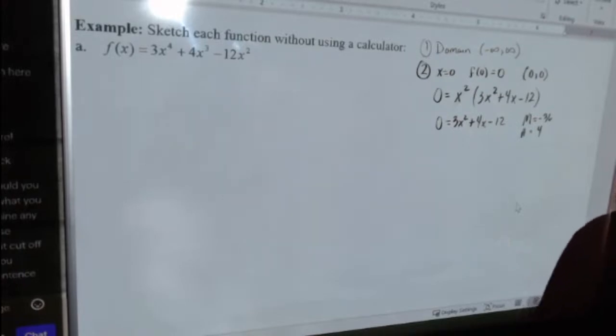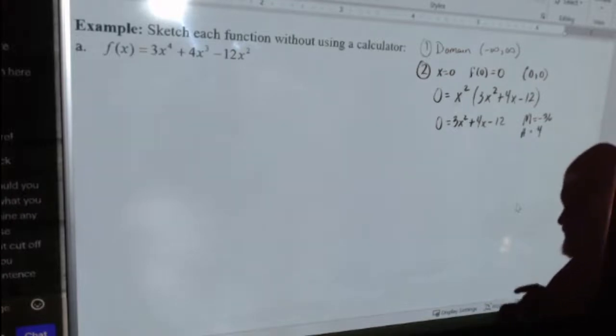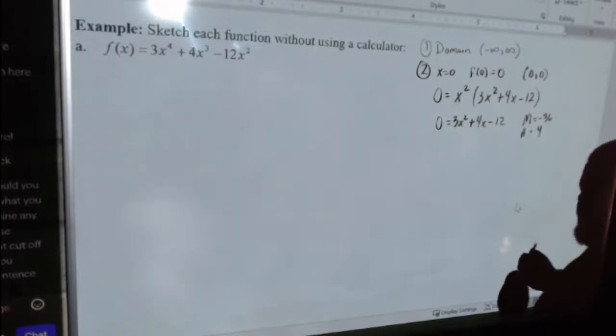So I don't think there are any. So it looks like we're going to have to use the quadratic formula. Right, everybody's favorite.